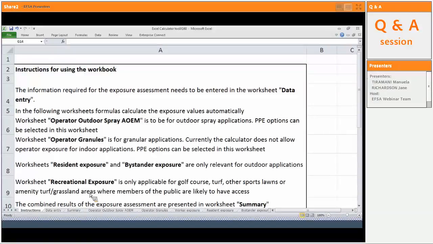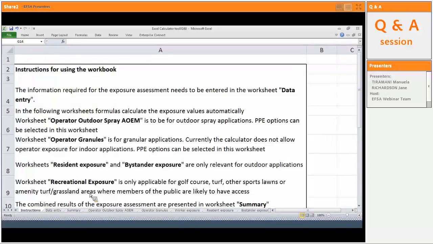The calculator we are presenting today is for the use of guidance and calculator for worker exposure, because this specific use has been endorsed by the Commission. So the Commission will accept, and ask for, the calculations for operator and worker exposure to plant protection products done with this calculator.